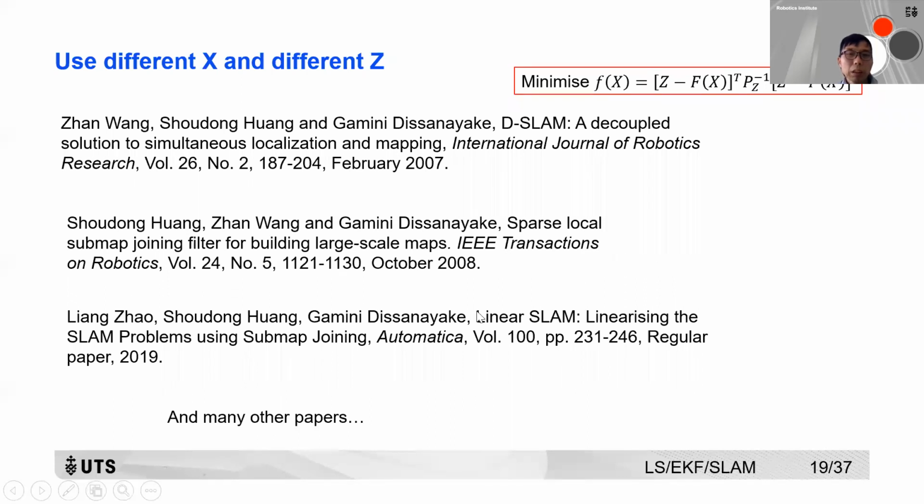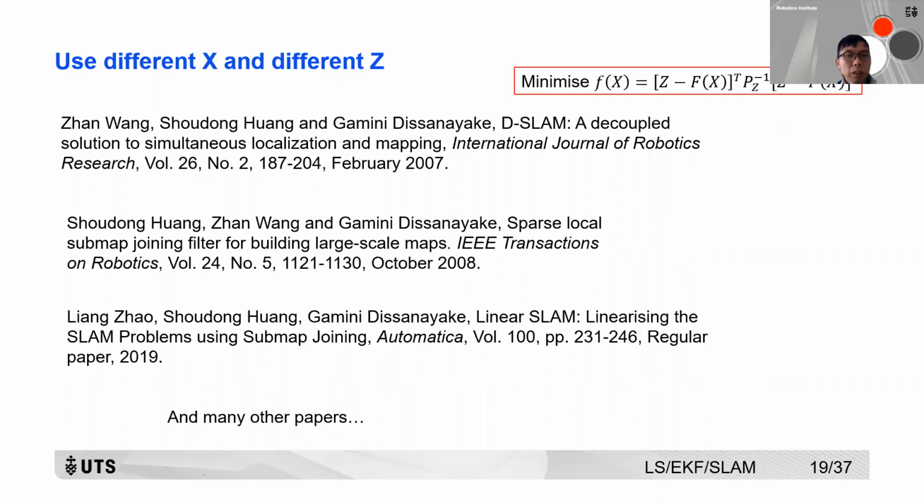Furthermore, we have linear SLAM. Again, we use a different x and different z. On top of submap joining, we change the coordinate frame when we join the maps. Then we get a linear least square instead of a nonlinear least square.